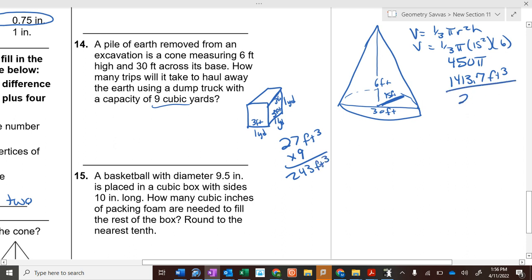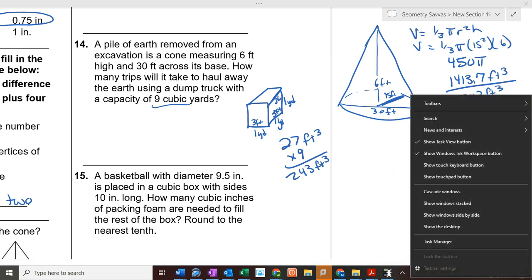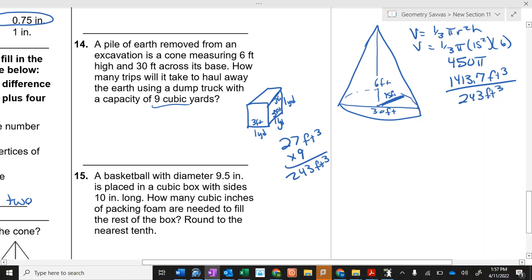So if we take this divided by 243 feet cubed per 9 yards cubed, how many dump truck loads do we have? 1413.7 divided by 243. 5.8, so it's 6 loads. 6 loads.